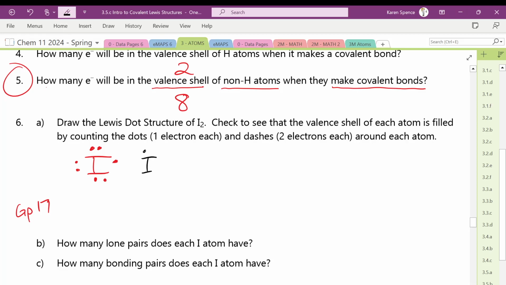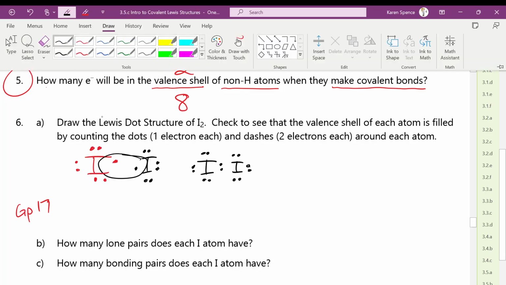And we have 1, 2, 3, 4, 5, 6, 7 electrons. 7 is not stable. We need to have 8. So we're going to have I, 1, 2, 3, 4, 5, 6, 7, 8, and I, 1, 2, 3, 4, 5, 6, 7, 8.